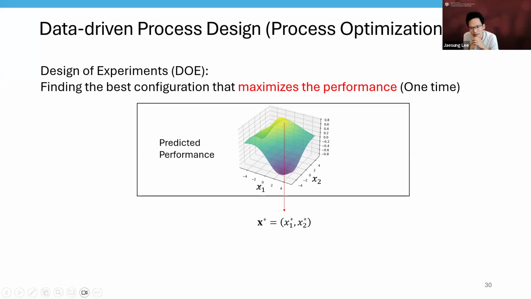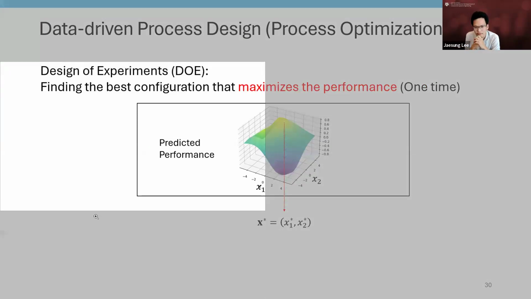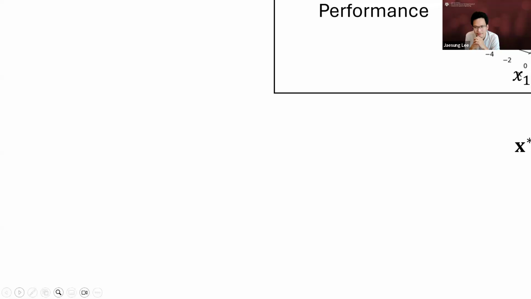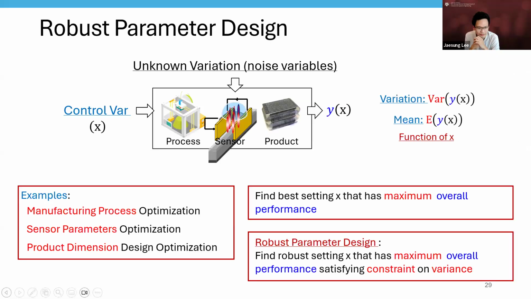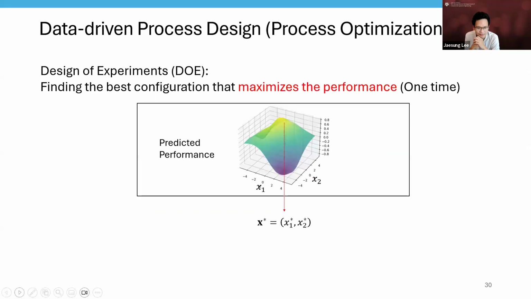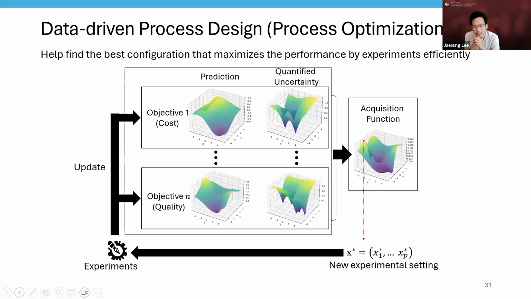Nowadays we have all the AI systems. They can enable efficient process optimization.